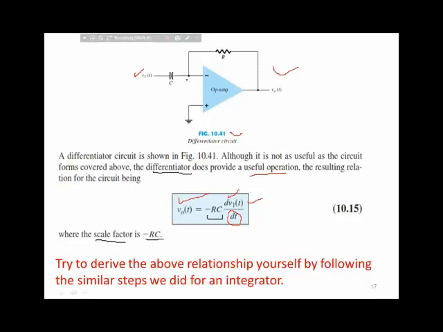Again, you can see that because of the negative feedback, this node would be a virtual ground node, and you can define the current at each link and then apply KCL at this node and establish the relationship of these two currents using the input and output variables, and you can end up with this relationship. So try it by yourself at home.